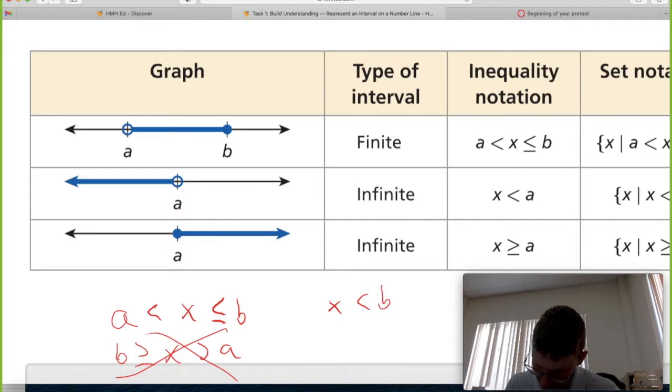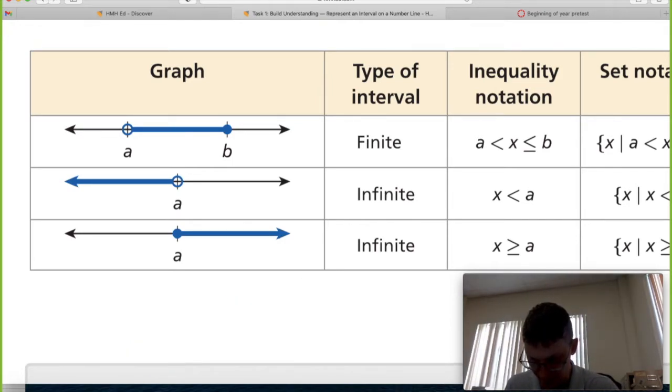Something like this just doesn't make sense, because at that point you're talking about 2 different intervals. So anyway, also not right. Again, inequality notation: A is less than X, which is less than or equal to B.